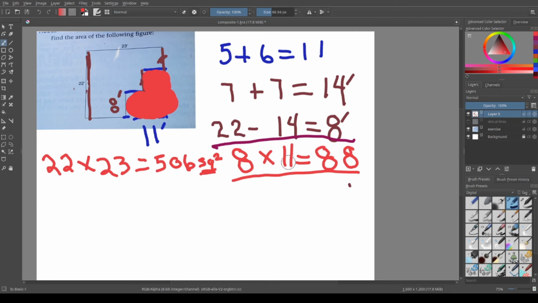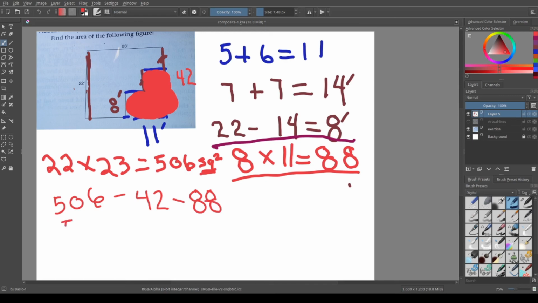So remember, all I have to do now is just subtract. All you gotta do now is subtract. All I say, 506 minus, remember this area up here was 42. It was 42. So I said minus 42 minus 88.